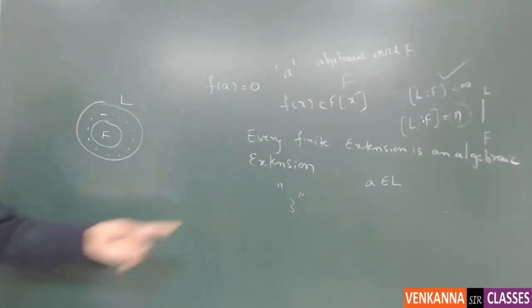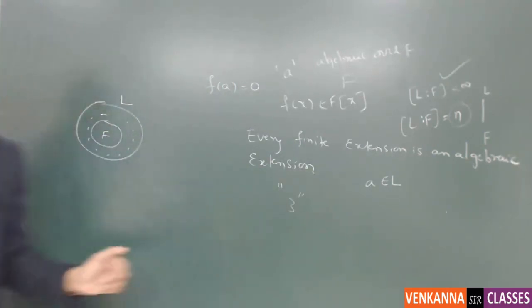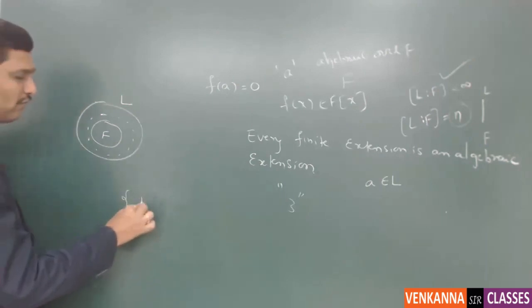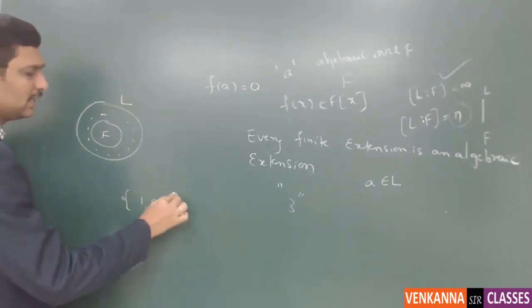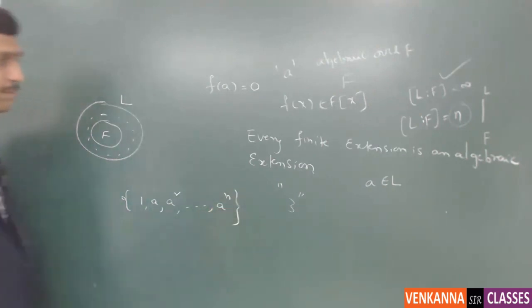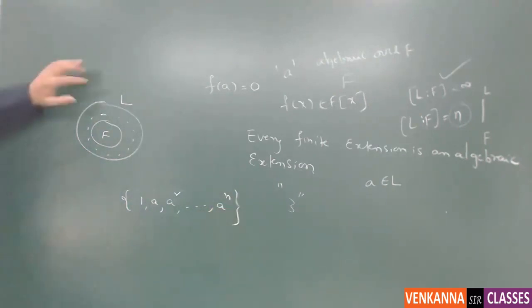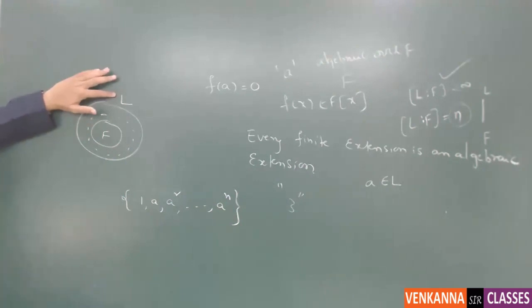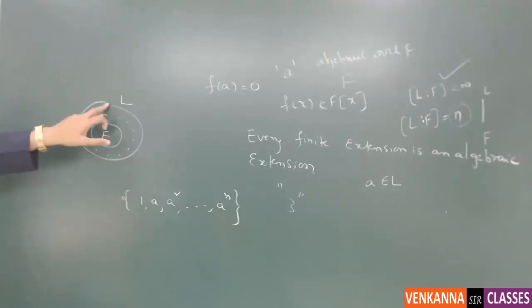Now, I have taken element A. Now, I am considering the set 1, A square, and so on, A power n. Please understand, L is a field basically. If you take A belongs to L, A square also belongs to L, A cube belongs to L, A power n also belongs to L. Accepted?